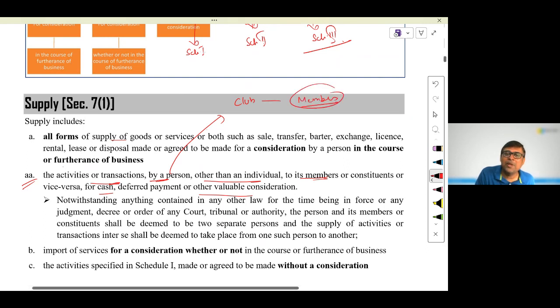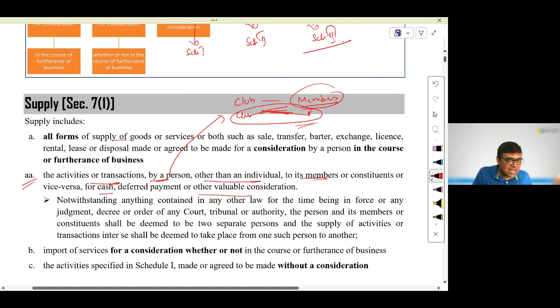Suppose a particular member comes to the club and avails certain services against some payment. This transaction between the club and its member is treated as supply. The principle of mutuality is not applicable in this type of transaction.